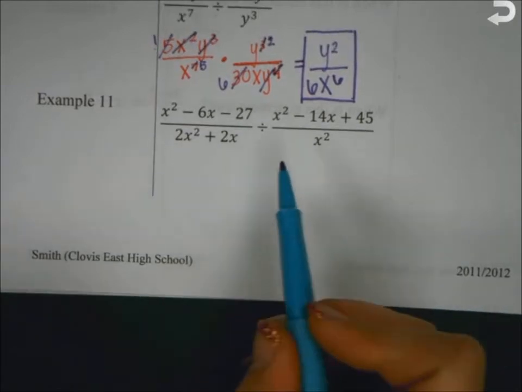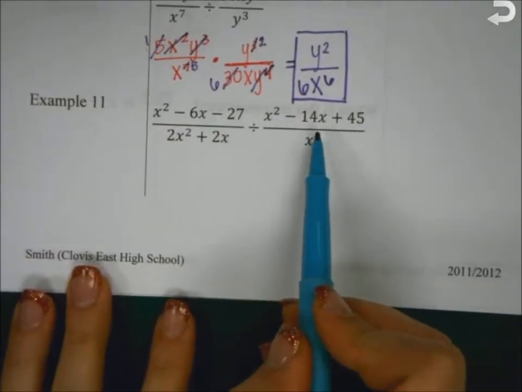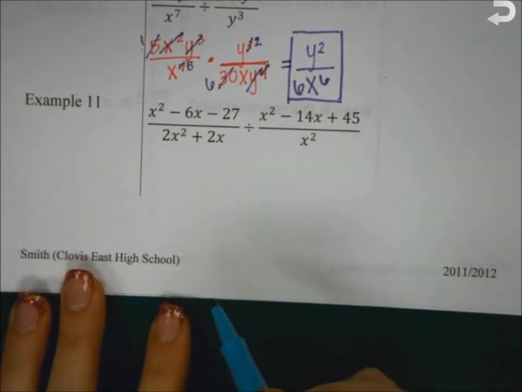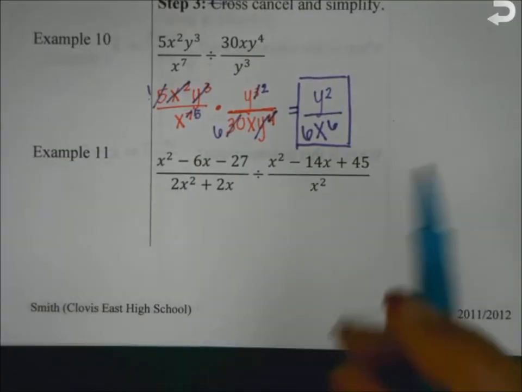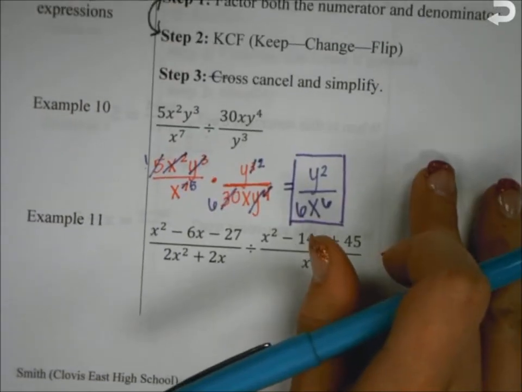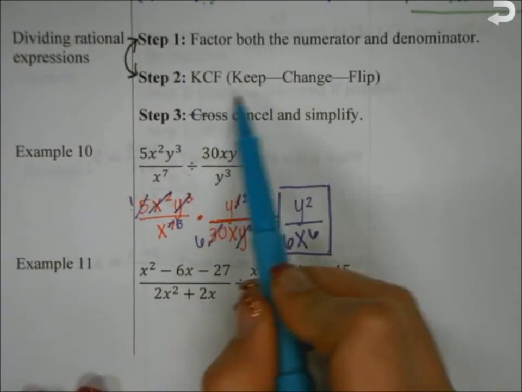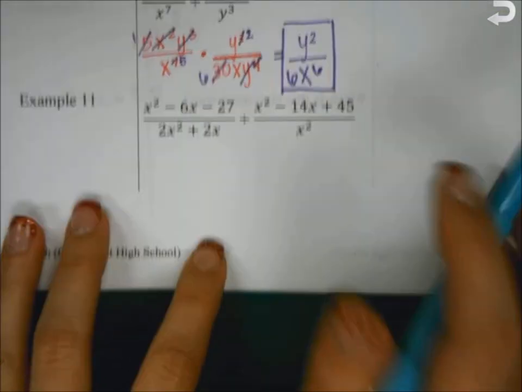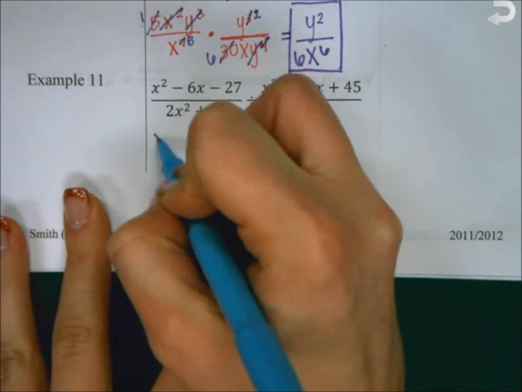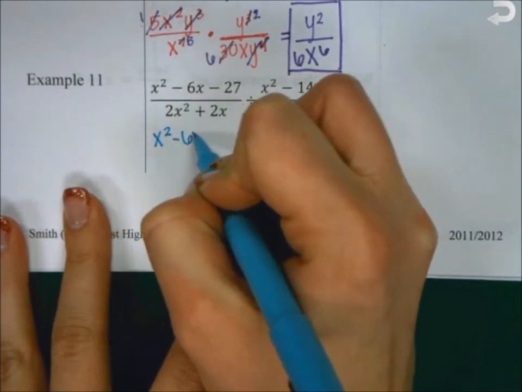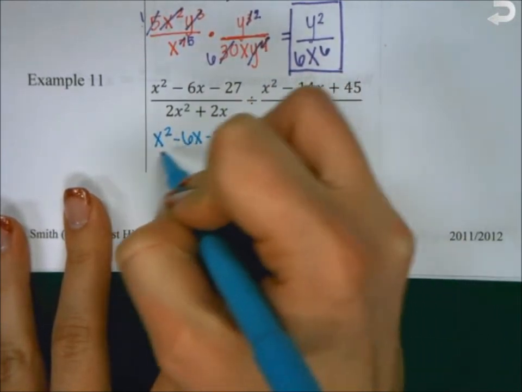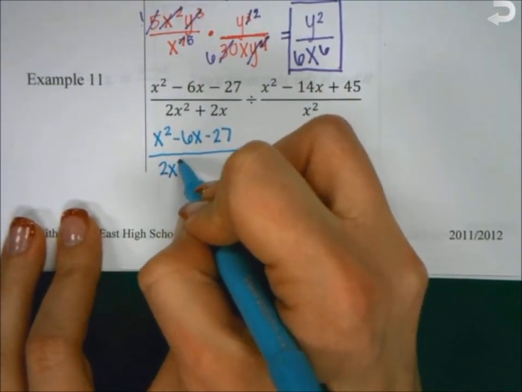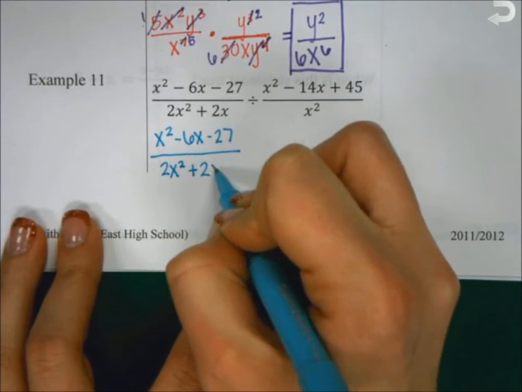I want to change it: keep it, change it, flip it. I want to change it to a multiplication problem. So we keep the first one, x squared minus 6x minus 27 all over 2x squared plus 2x. Change it, times, and then we flip it: x squared over x squared minus 14x plus 45.